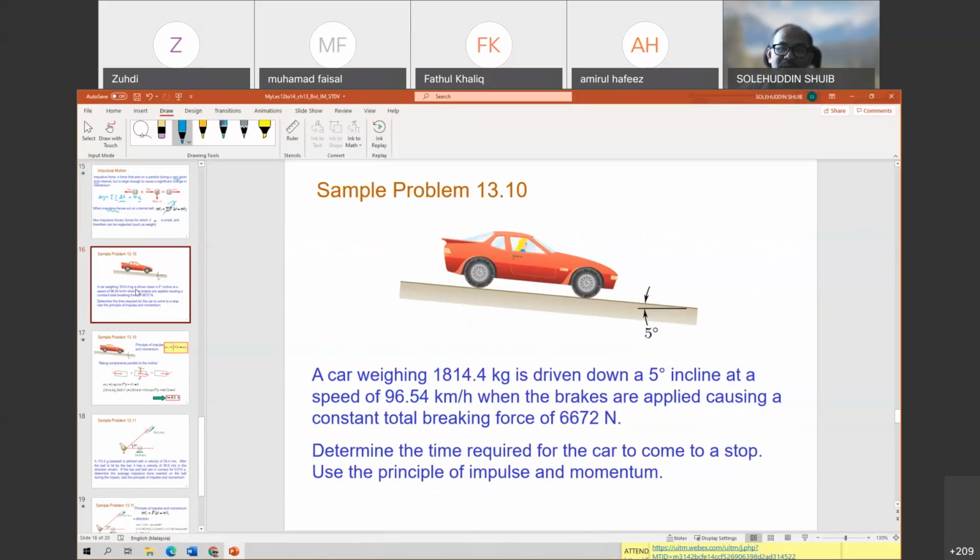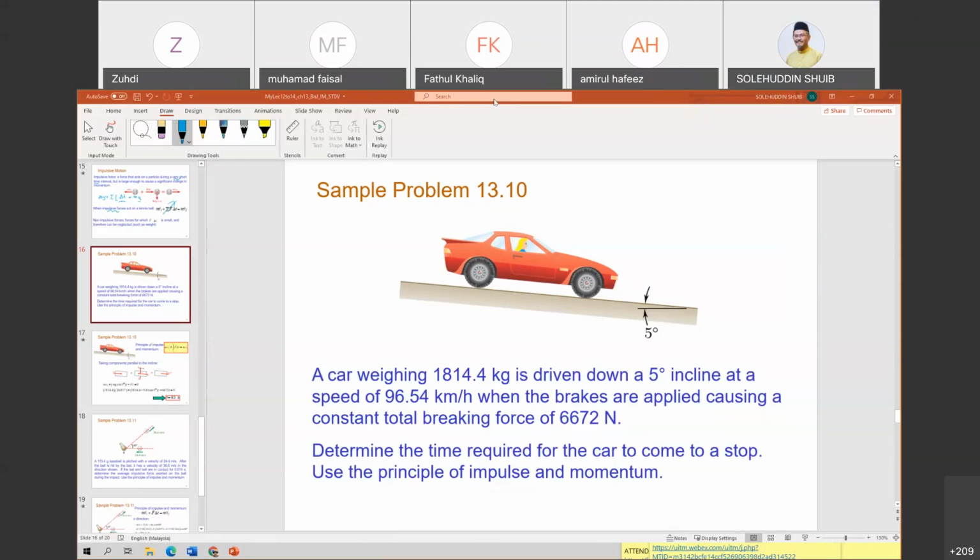In this problem, we have a car whose weight is given in kilograms. It is driven down an incline of 5 degrees at a speed of 96.54 kilometers per hour.